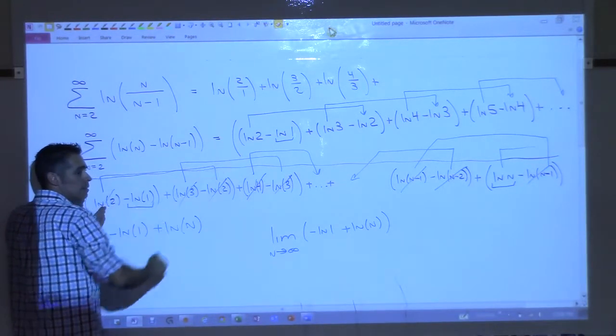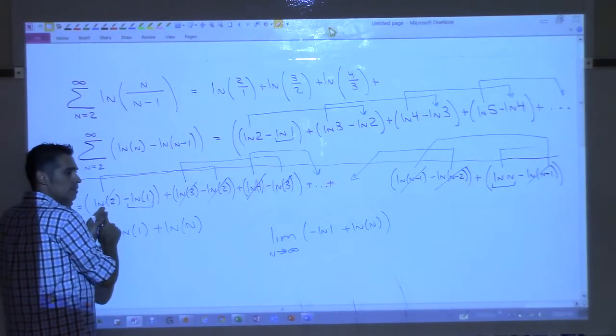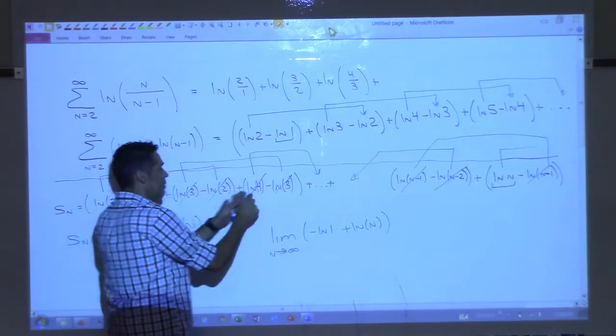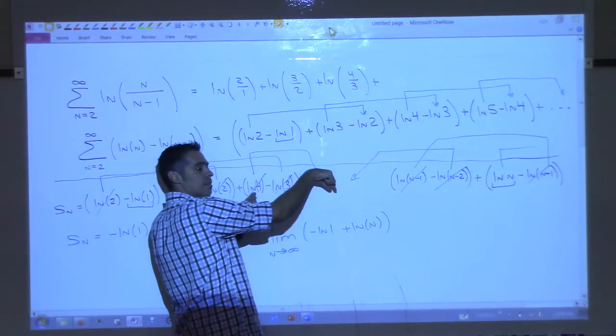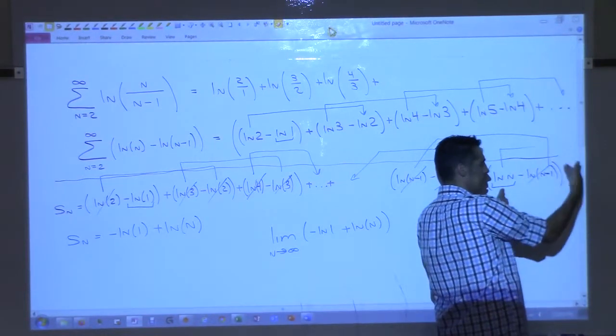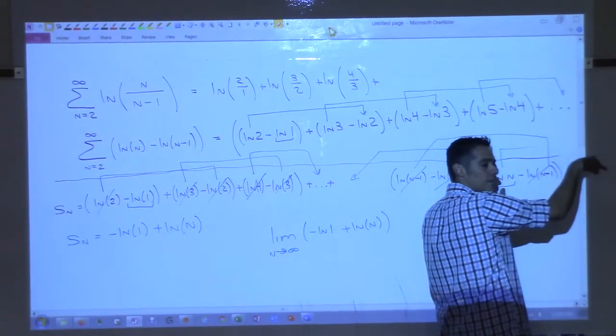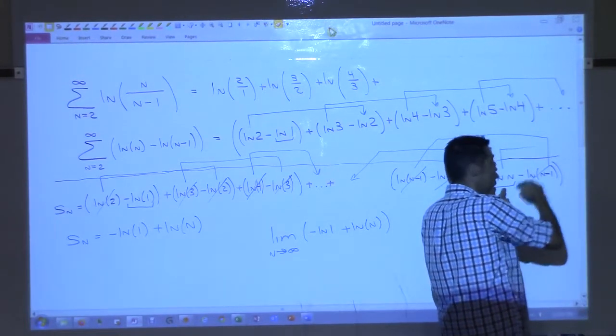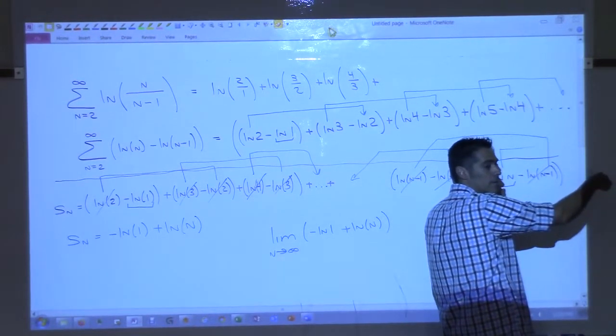It started with the ln of 2, and then this one, there's something over there, and this one, he's a first one, there's something over there. But when you get down to this guy, we stopped the sum, so there's nothing down there for it to cancel with. There would have been ln of n plus 1 down there, but not before.